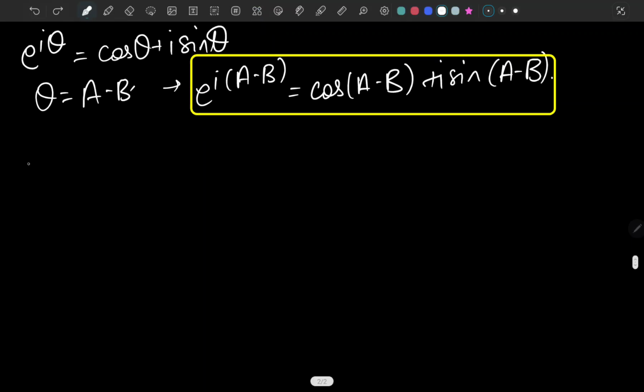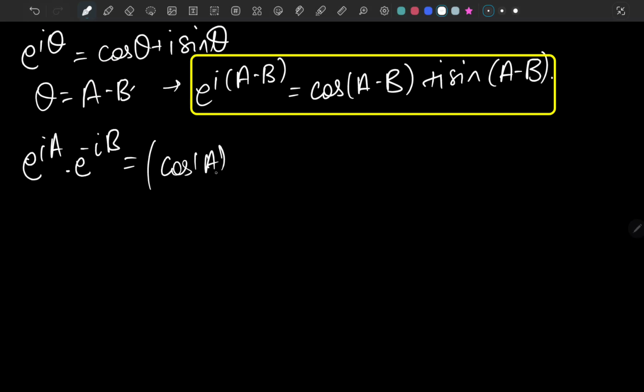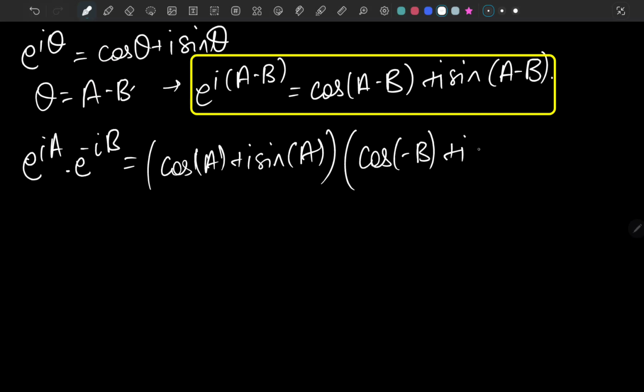Now if we talk about this one, that's going to give us e to the ia times e to the minus ib. So that's going to give us cosine of a plus I times sine of a, times cosine of minus b plus I times sine of minus b.